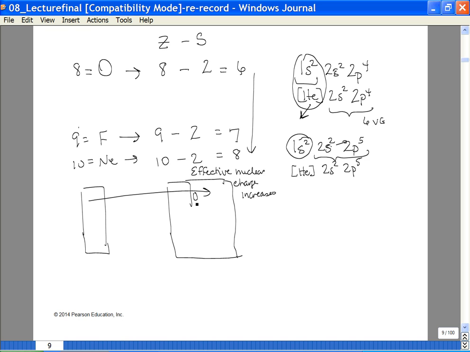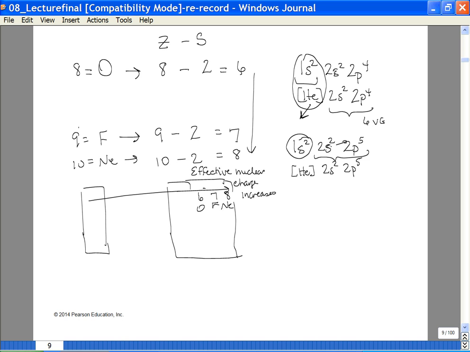So oxygen is here, which has 8. Fluorine has 9. Neon has 10. I apologize. So oxygen here would have an effective nuclear charge of 6, and 7 and 8 for fluorine and neon.